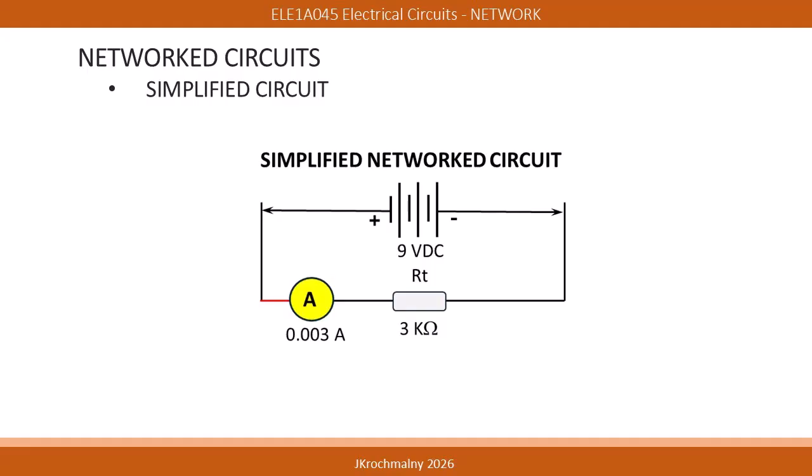Simplifying this networked circuit, we can determine that with the 9 volts DC being applied, the amperage going through the circuit will measure 0.003 amps.